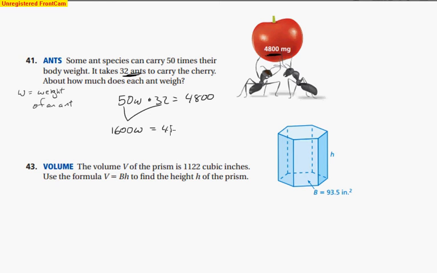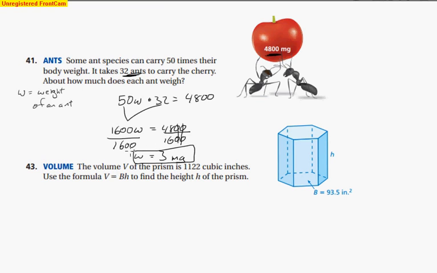And so when I go ahead and divide by that 1600, one of the rules of division with zeros at the end of the numbers is you can cancel them out. So that's like dividing by 100 on each side. And I'm left with 16 into 48. Now, 16 does go into 48 3 times, so that means that each ant weighs 3 milligrams.